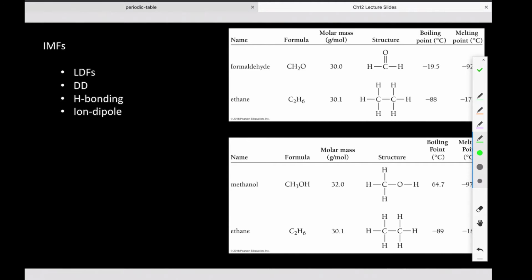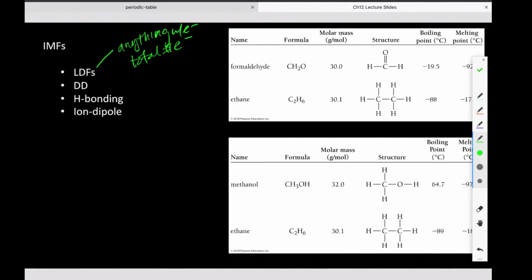So first of all, we have LDFs, which is pretty much an attractive force between anything with electrons. And the strength of an LDF is based on the total number of electrons, right? And this is an instantaneous dipole, right? Where we talked previously in the last chapter about a dipole is a molecule that's polar, okay?